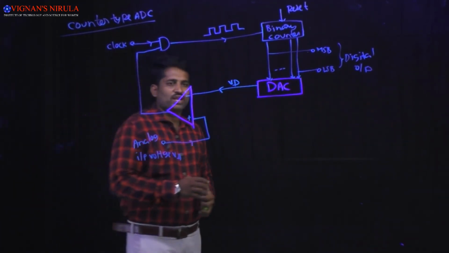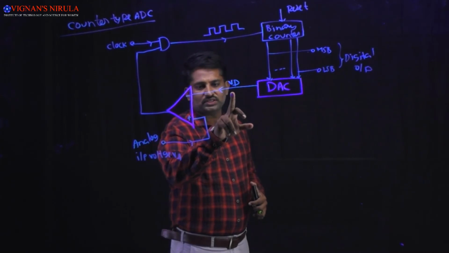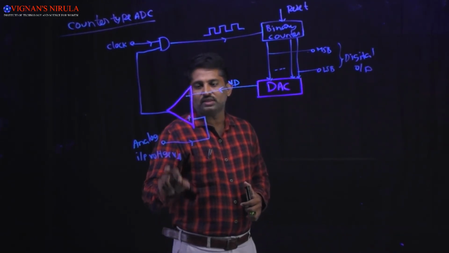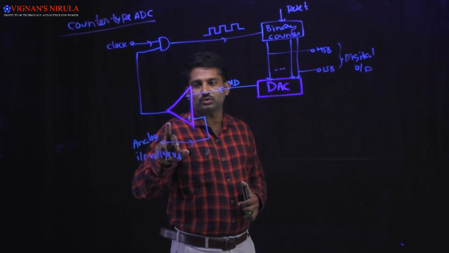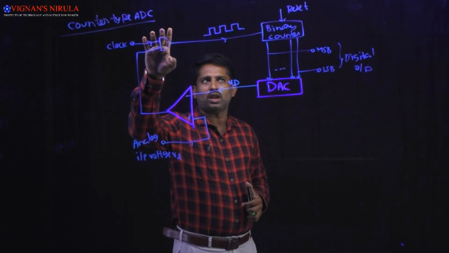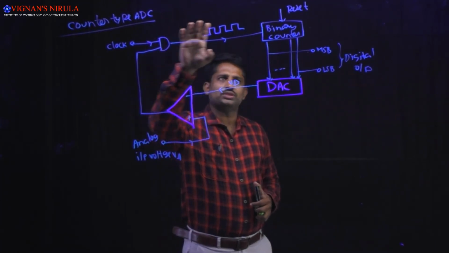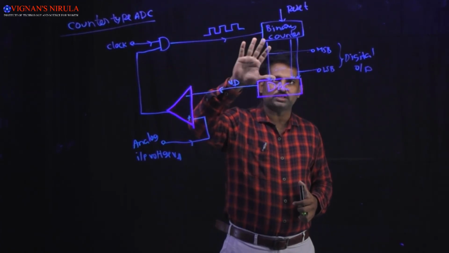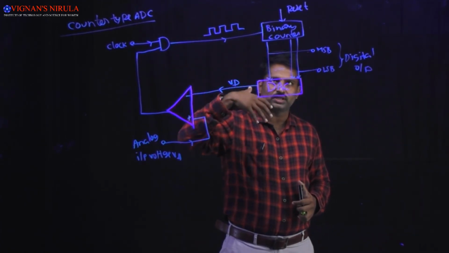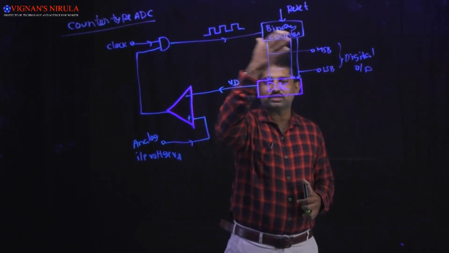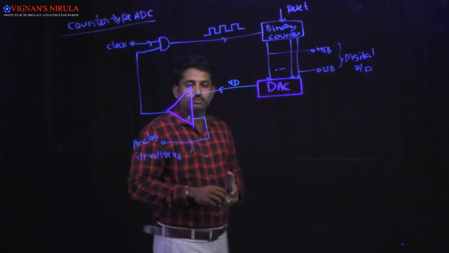Whenever the VD voltage is greater than the analog input voltage, the output of the comparator is low, which disables the clock, and the binary counter stops counting the clock pulses. We consider the output of the binary counter as the equivalent digital output of the analog input value.